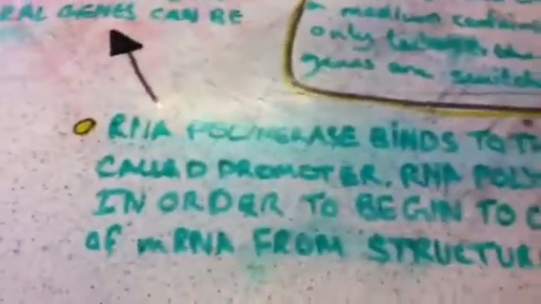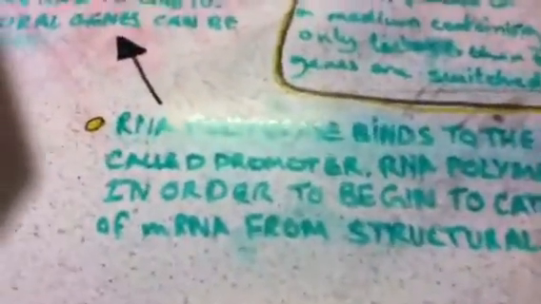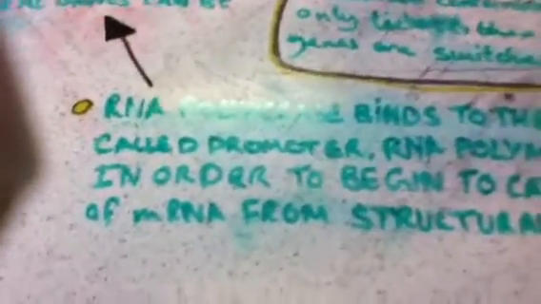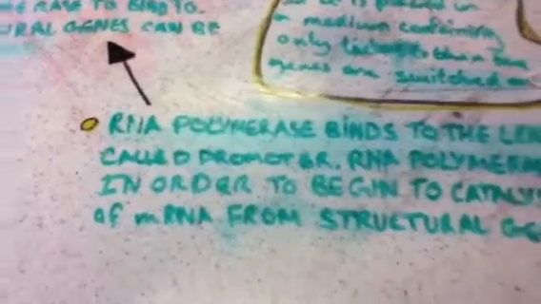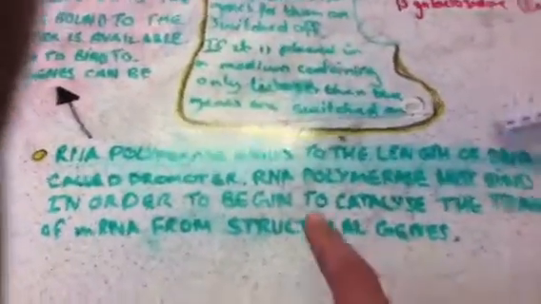So the theory of it is that the RNA polymerase, you must have heard of that enzyme before, which allows nucleotides to be joined together to form RNA, binds to the length of DNA called the promoter.